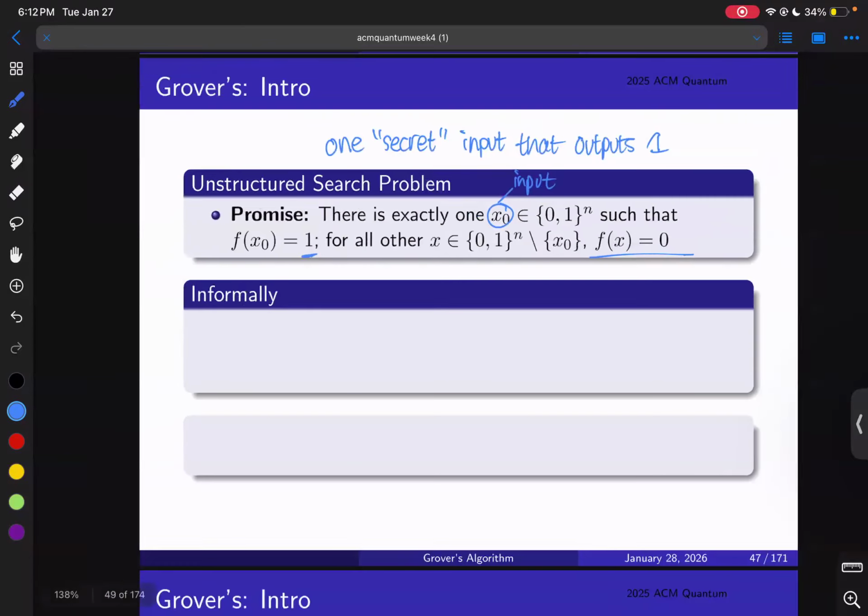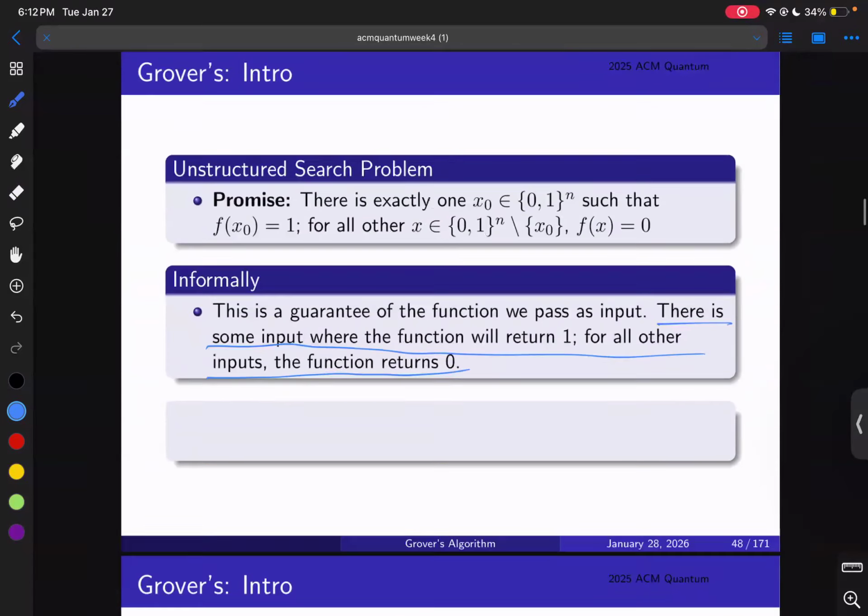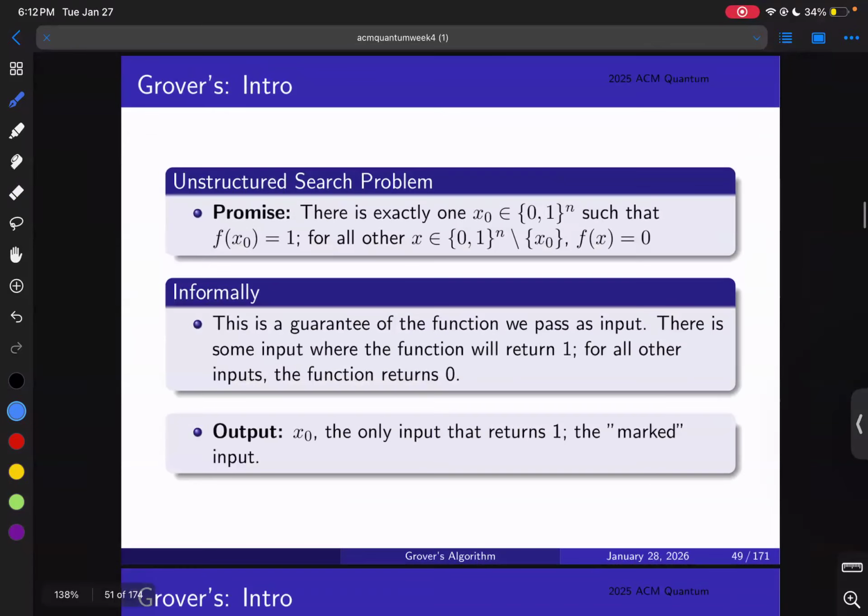Again, the promise is a guarantee, so this is pretty much what I just said. There's some input for which the function will return 1. For all other inputs, you get 0. And the output of Grover's algorithm is that secret string x naught, which we call the marked input.